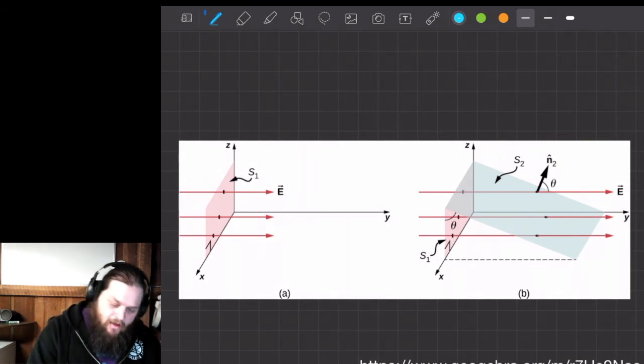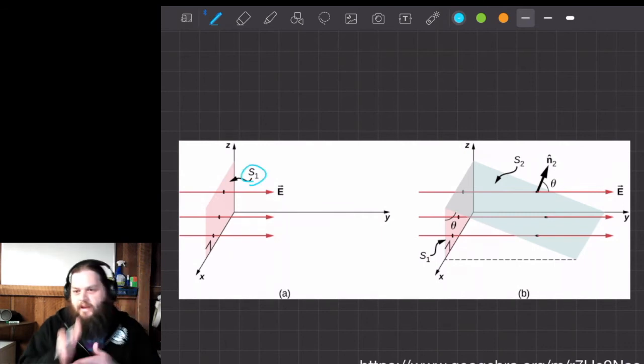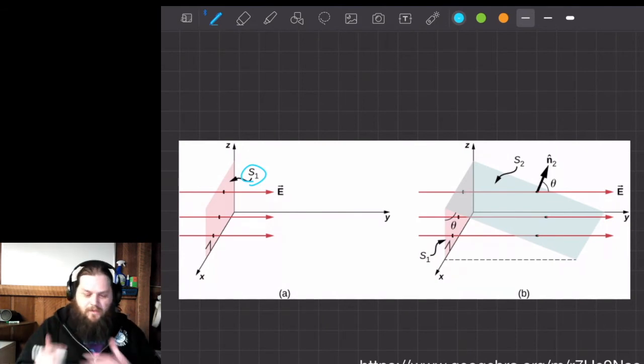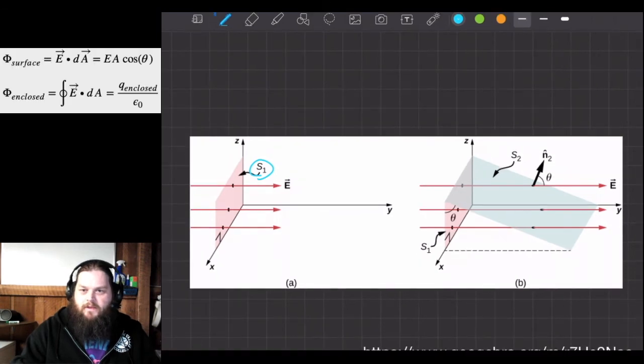If we look at these two diagrams here, in number A, we have surface 1. Surface 1 is in the zx plane, and the electric field is moving perpendicular, or orthogonal, to it. As the electric field goes through, we can calculate the amount of it based on the surface area there. And we can use these equations that you should see pop up above me now.